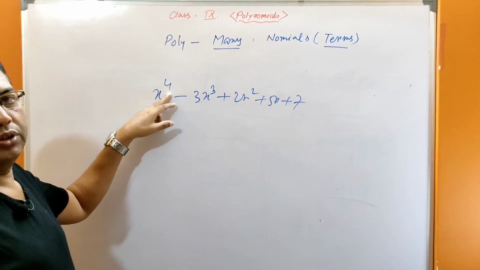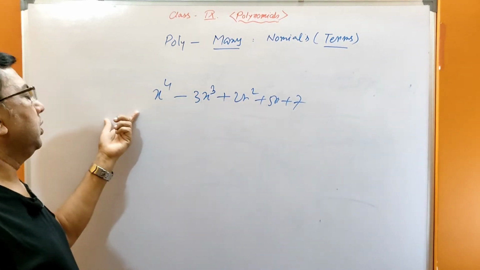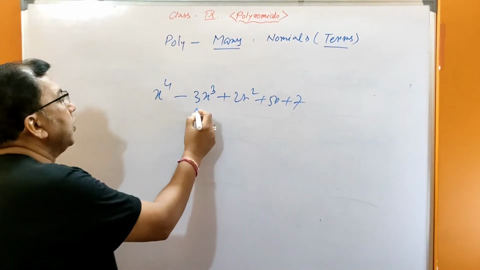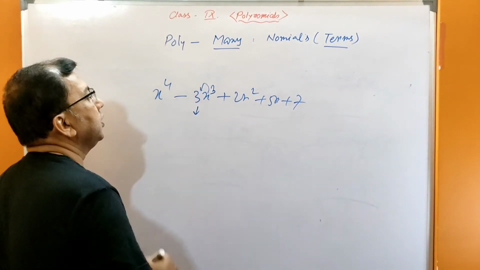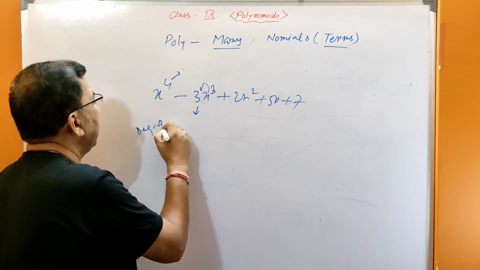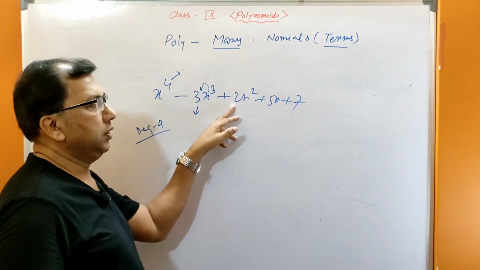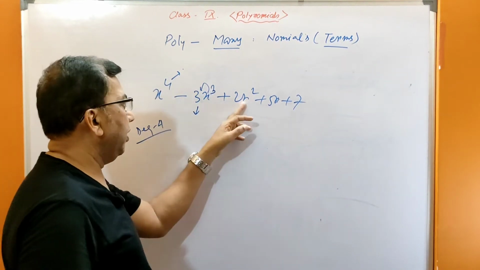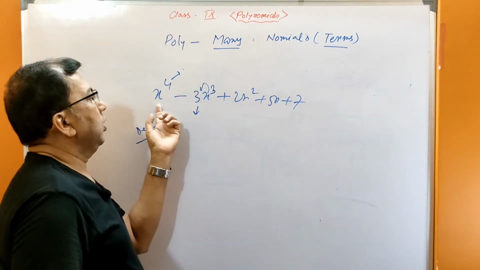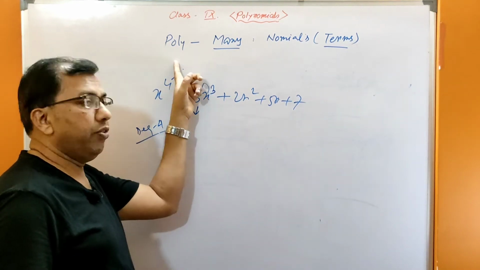What is the highest power? 4. So this is a degree 4 polynomial. And what is the coefficient of x cube? 3. This is the coefficient of x square, and this is the exponent, the highest degree, the degree 4. And the coefficient of x square will be 2. Here x is the variable, and this is the constant term. This is a polynomial of one variable, a polynomial of degree 4.